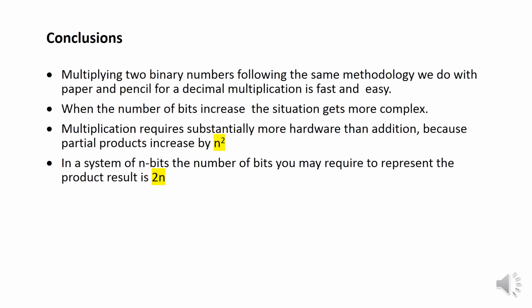In summary, multiplying two binary numbers following the same methodology that we do with paper and pencil is fast and easy, but when the number of bits increase, the situation gets more complex, because multiplication requires substantially more hardware than addition due to the fact that the partial products increase by n squared. Also, in a system of n bits, the number of bits you may require to represent the product results is 2 times n.